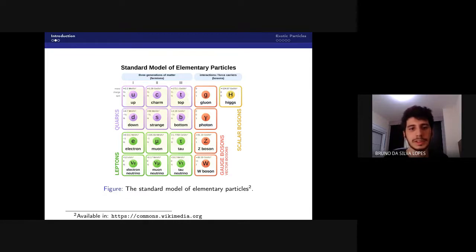So we have 6 types of quarks divided in 3 families. We have the up and down, the light quarks, the charm and strange, and the heaviest quarks, which are the top and bottom. So as you can see, the up quark, for example, has a mass of 2 mega electron volts, and the top quark has a mass of 170 giga electron volts. So it's much heavier.